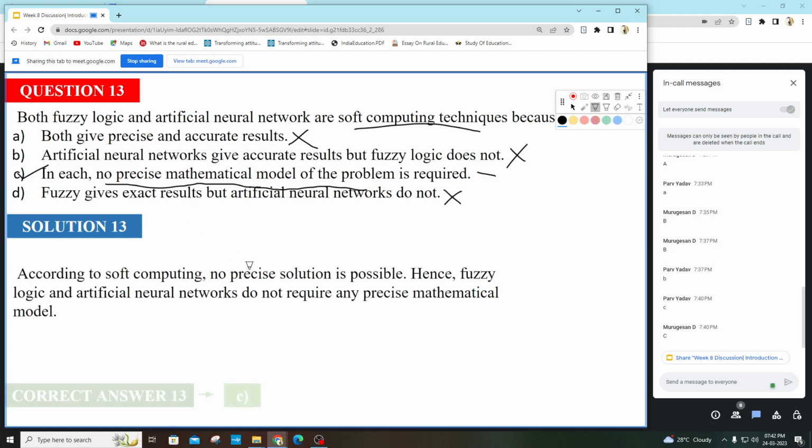Again I am telling, in soft computing we do not get precise solution, but we still prefer soft computing over hard computing because we do not require any mathematical modeling of the problem. So fuzzy logic and artificial neural network are tools of soft computing. Is this clear?